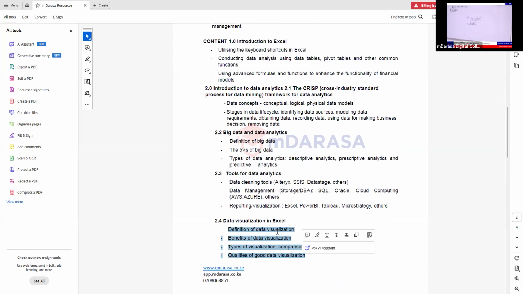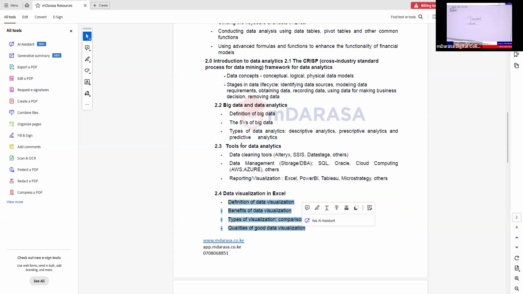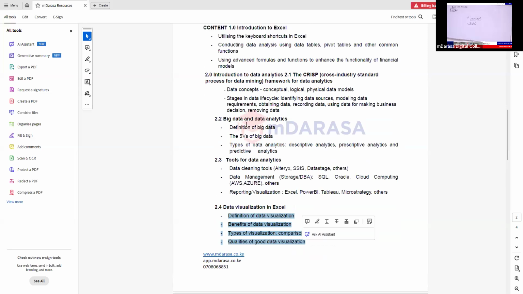So on business data analytics, data visualization in Excel, not part of it but all of it, we are going to cover on topic number 1. So these are what would be expected to cover in topic number 2.